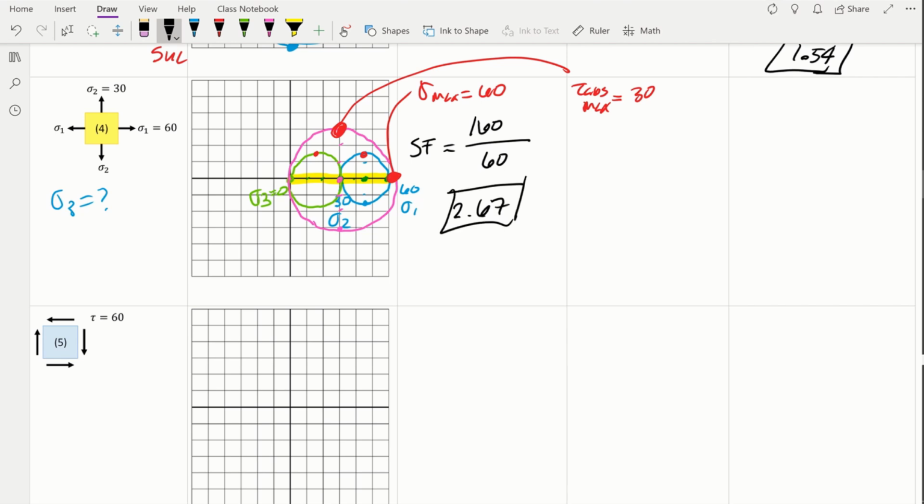When we look at the maximum shear stress, right, the safety factor says that the absolute maximum shear stress, which in this case is 30, cannot exceed the shear yield strength of the material, which is just the yield strength of the material divided by 2. So we put this on the calculator, we get a number of 2.67 for max shear.